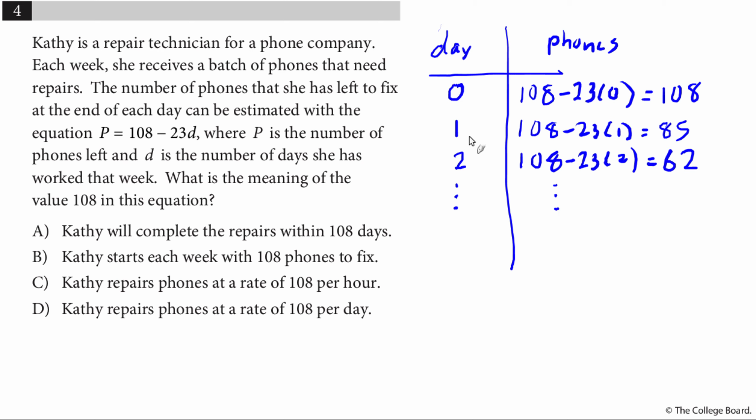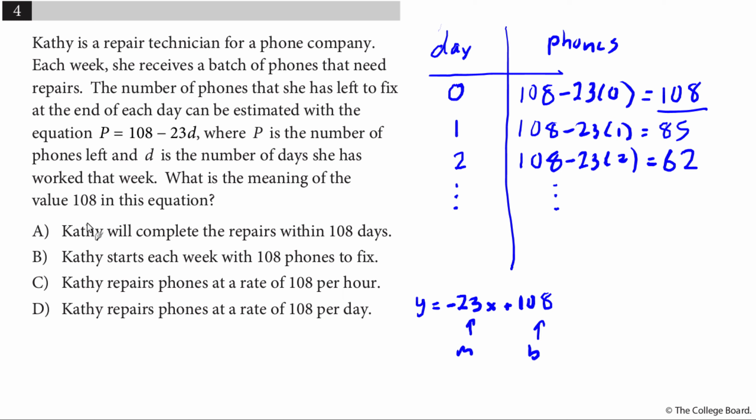And you can see the 108 is the starting value. It's the y-intercept. I could write this as y equals negative 23x plus 108, and you can see that's my slope, which is my unit rate, how many phones per day. And this is my b, my y-intercept, sort of where I start.